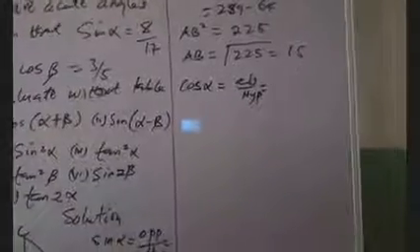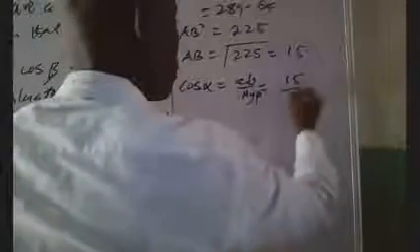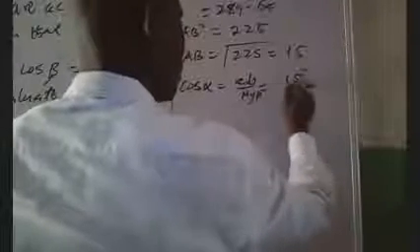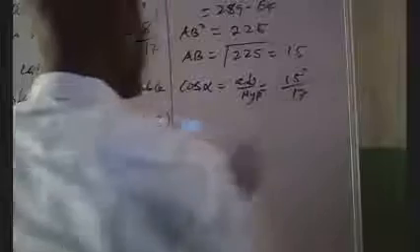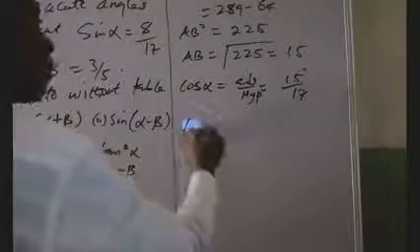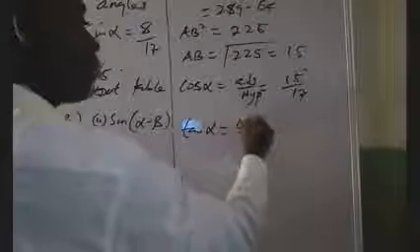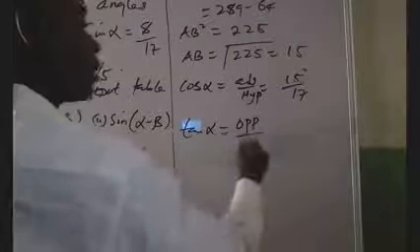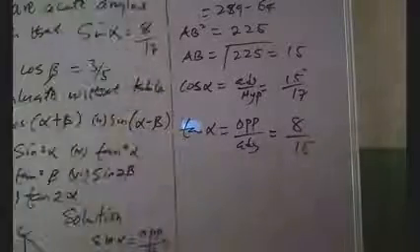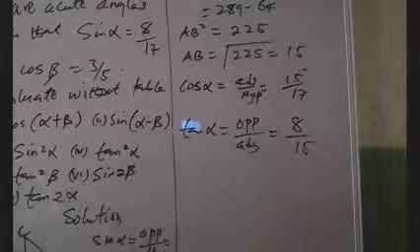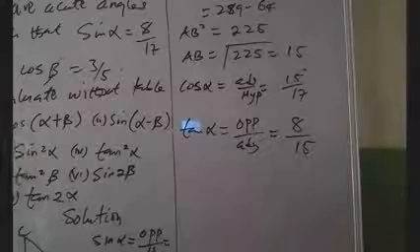So we have cos alpha equal to 15 over 17. Then we have tan alpha. Tan alpha is opposite over adjacent. Opposite is 8, so that will be 8 over 15. That is for the first triangle, which is alpha.